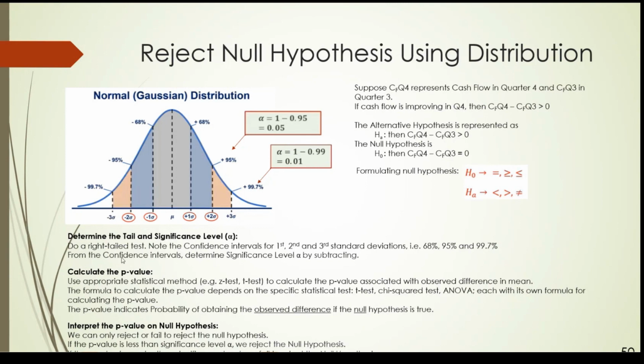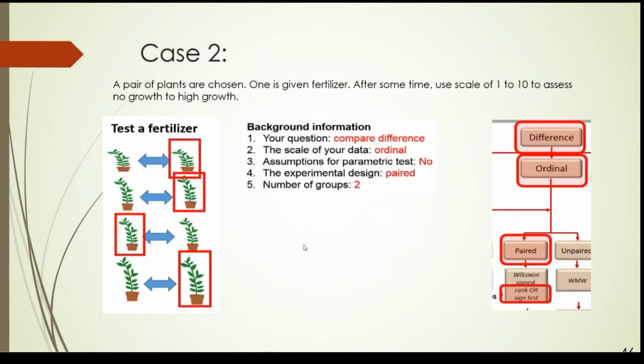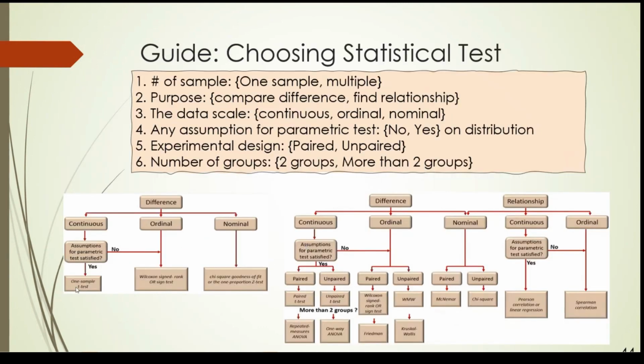Then we apply the statistical tool to determine the p-value, or probability value, of the population. Now, for the p-value, you can use any one of these: one-sample t-test, Wilcoxon, and so on. Depending on the type of problem, you choose the right test. All of these will give you the p-value.